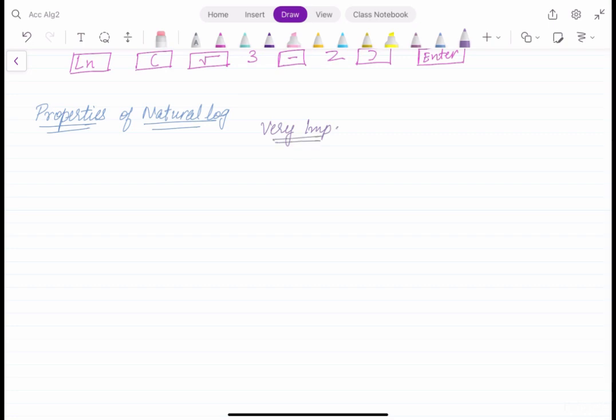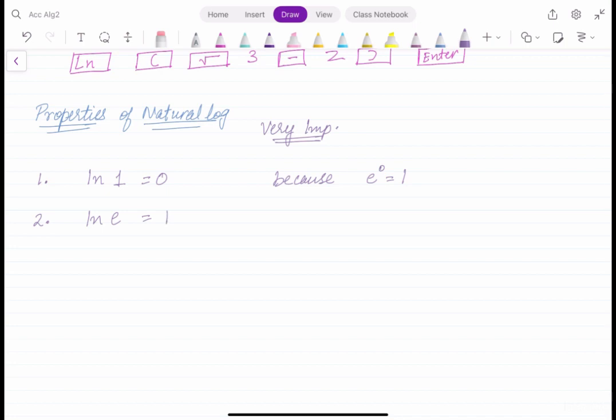If you plan to take calculus in college or in high school, then you will need these as well. So ln of 1 is always 0. The reason is e to the power of 0 will give you 1. So there's a reason behind all these properties.